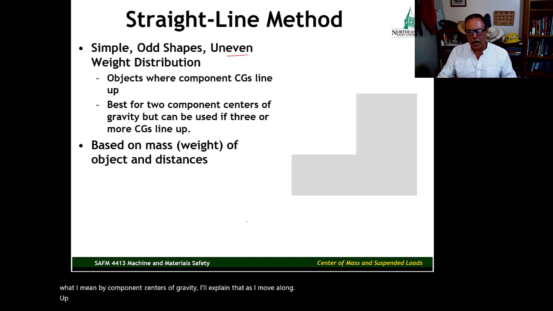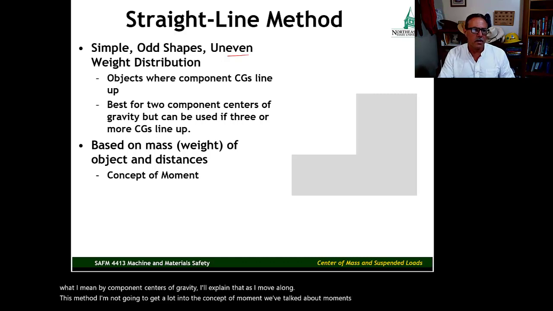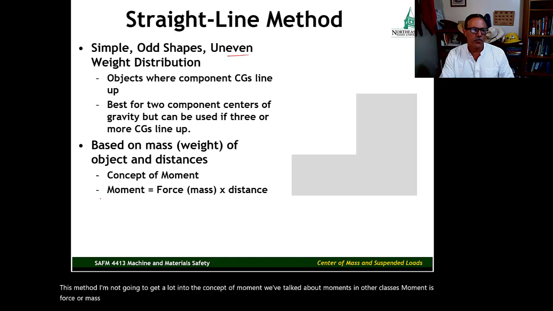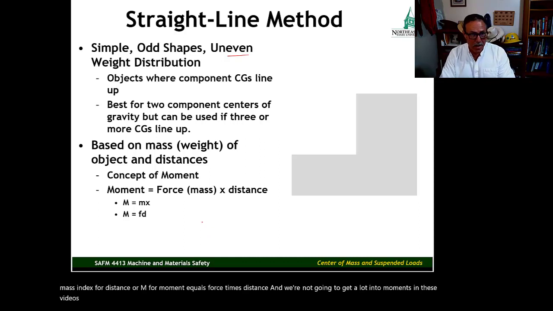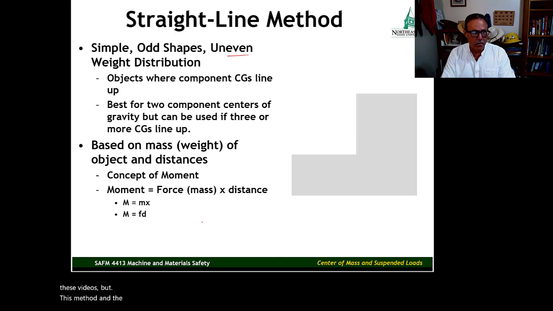With this method, I'm not going to get a lot into the concept of moment. We've talked about moment in other classes. Moment is force or mass times distance, and you'll see the formula written out a couple of different ways: M for moment equals little m for mass and x for distance, or M for moment equals force times distance. We're not going to get a lot into moment in these videos, but this method and the method I'm going to talk about in the third video are based upon the concept of moment.